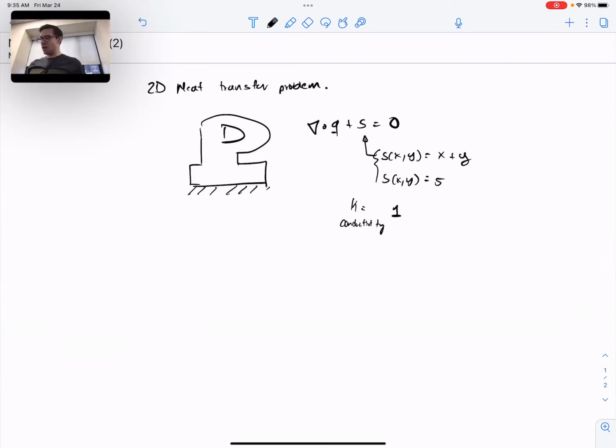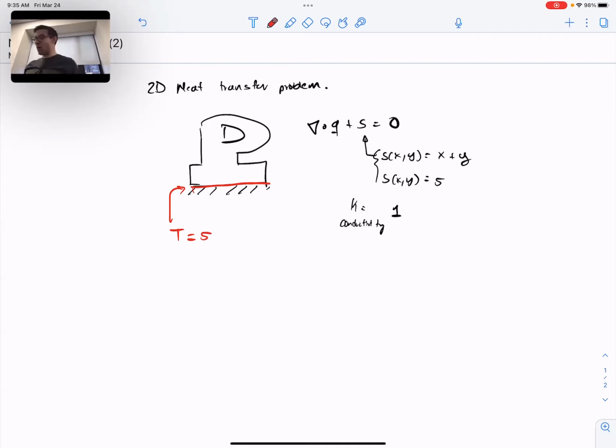We are going to put a boundary condition on the bottom, where we're going to fix the temperature. You can decide what temperature, any value. Okay, 5. Let's do 5.